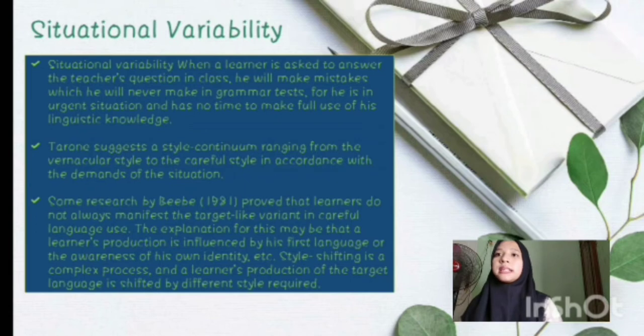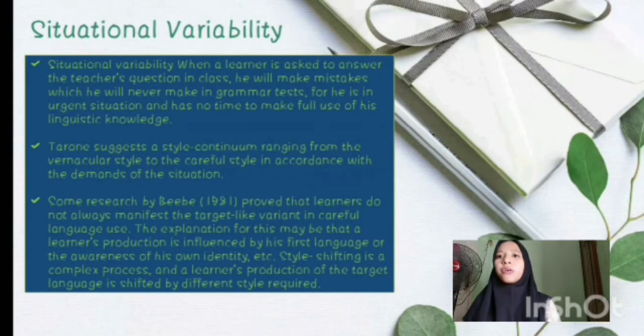Tarone suggests a style continuum ranging from the vernacular style to the careful style in accordance with the demands of the situation. Some research by Beebe 1981 proves that learners do not always manifest the target-like variant in careful language use.